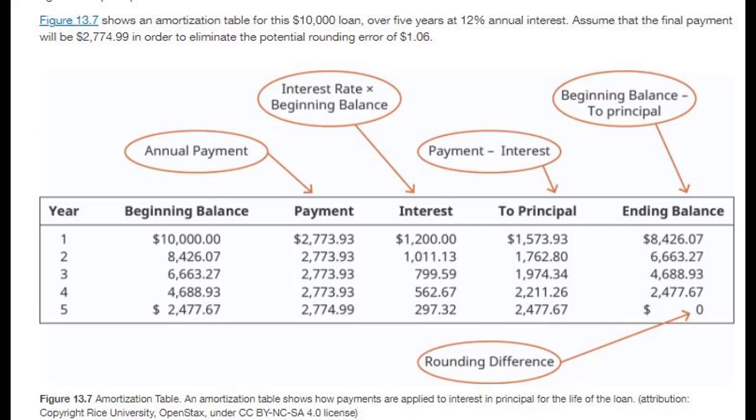Your payment every year is $2,773. Because the interest rate that you're paying is 12%, this year my total interest payment is 12% of $10,000.